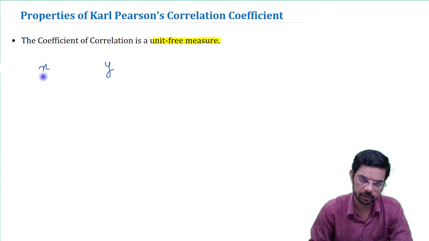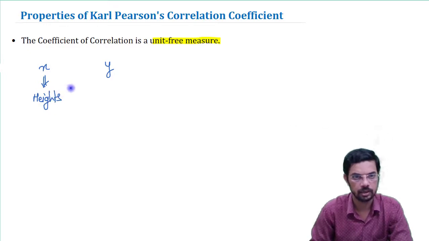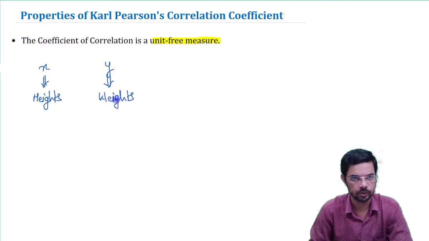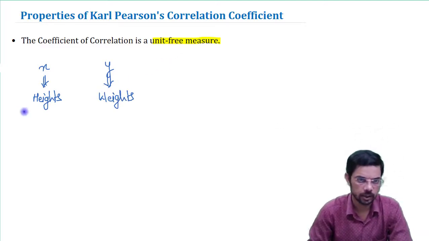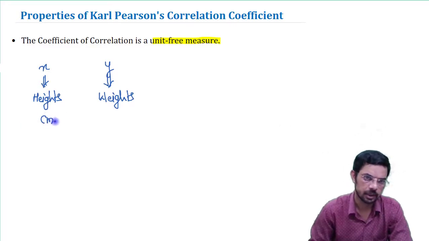If x represents the heights of the students, and y represents the weights of some students, say heights are measured in centimeters and weights are measured in kgs. So in this case, what happens?